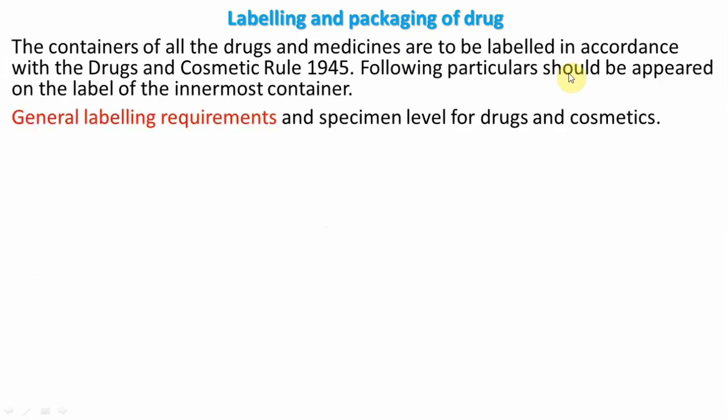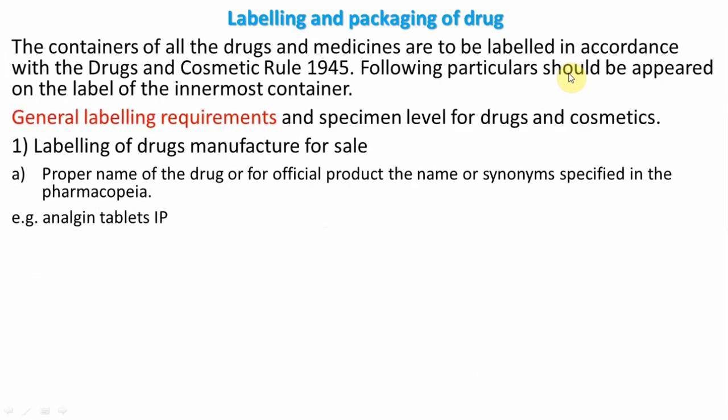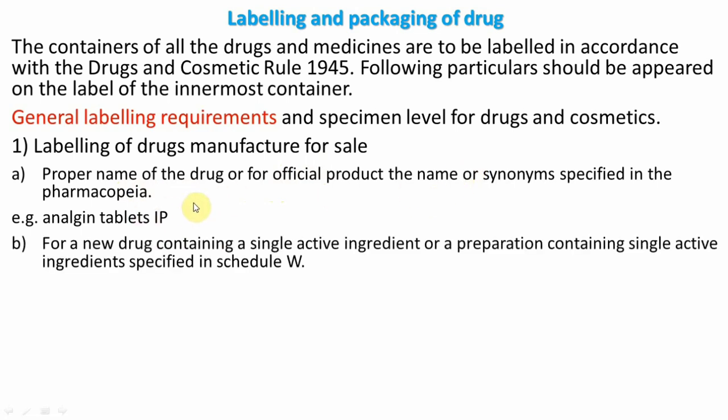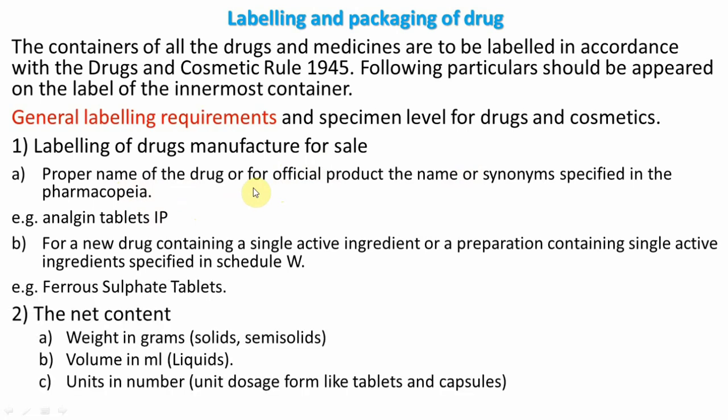Then labeling and packaging of drugs. General labeling requirements. Labeling of drugs manufactured for sale: that is the proper name of the drug, or for an official product, the name specified in the pharmacopoeia. For example, analgin tablets IP. For a new drug containing a single active ingredient, or a preparation containing single active ingredients specified in Schedule W. Example, ferrous sulfate tablets.